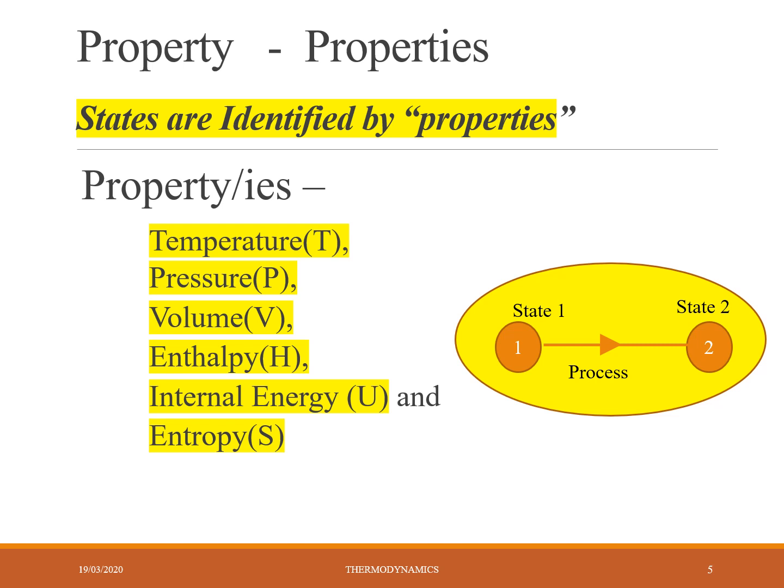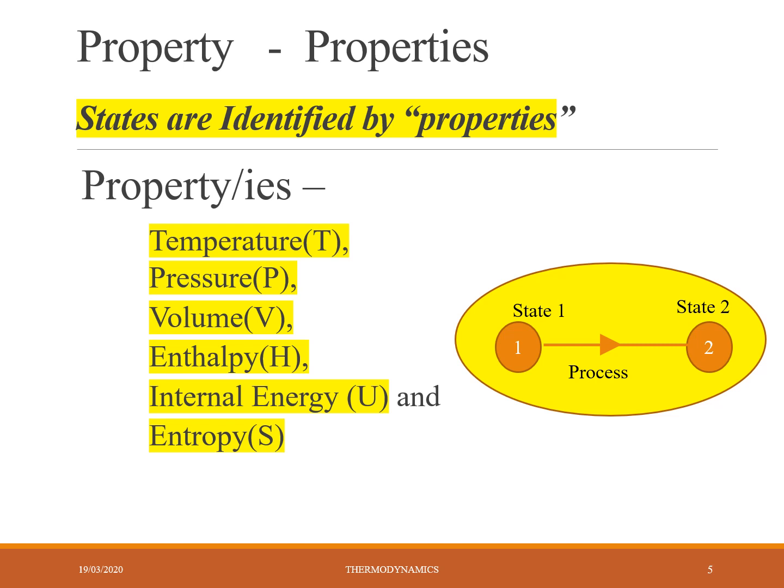Example, if you want to define state 1 in the previous slide, then you have to say temperature at state 1, pressure at state 1, volume at state 1. Similarly, for state 2, you should know temperature T2, pressure P2, volume V2.